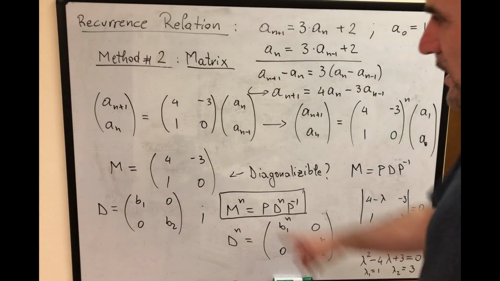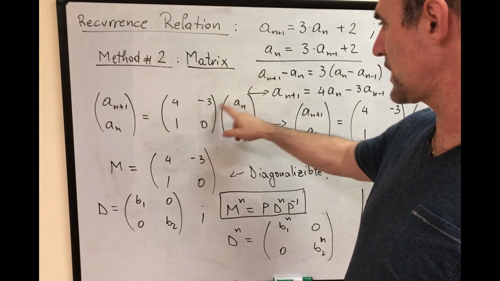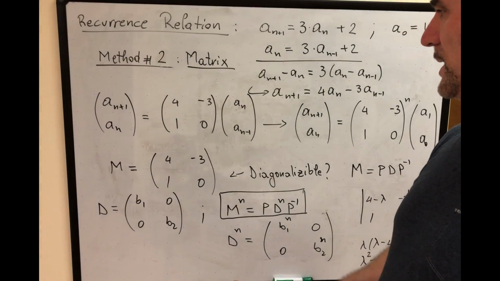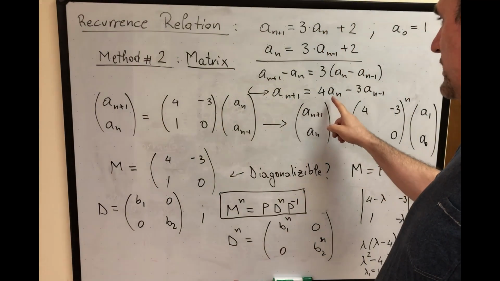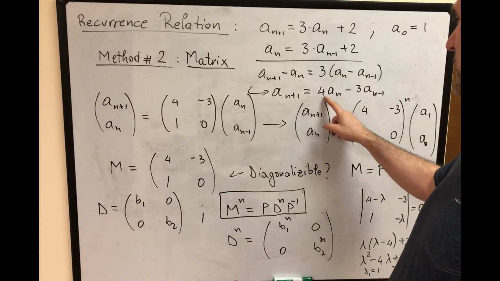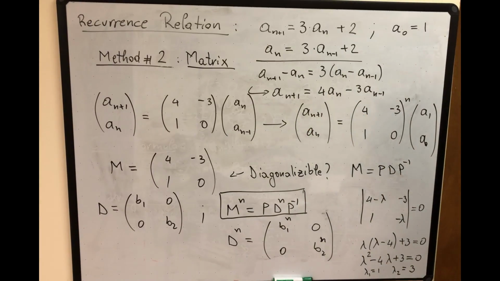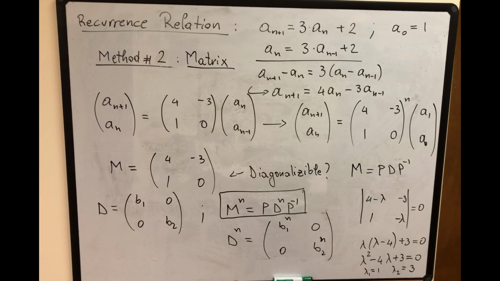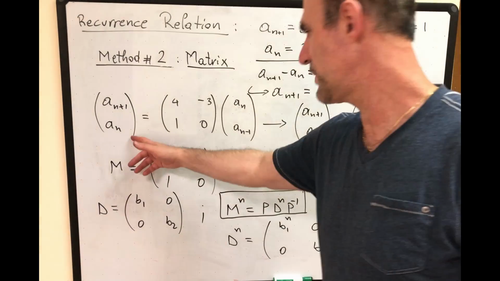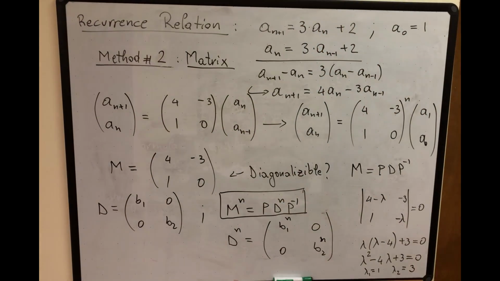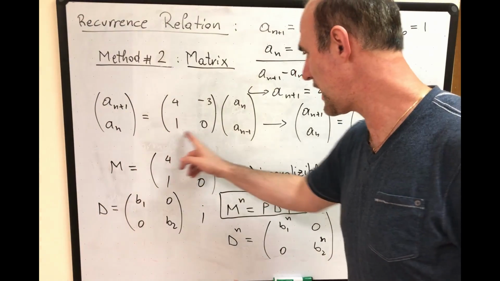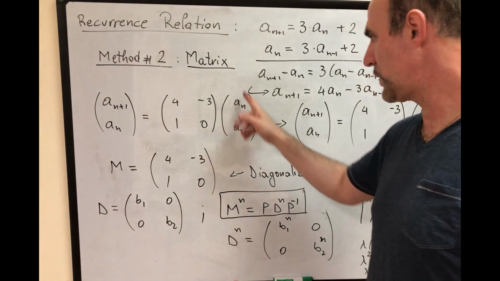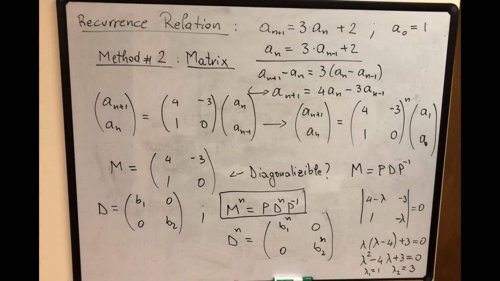If you do the multiplication of 4, negative 3 by this column, it's going to give you a of n plus 1. It's this formula: a of n plus 1 is equal to 4 a of n minus 3 a of n minus 1. And of course, then a of n is equal to a of n. That's what the other multiplication, the row times this column, is going to give you.